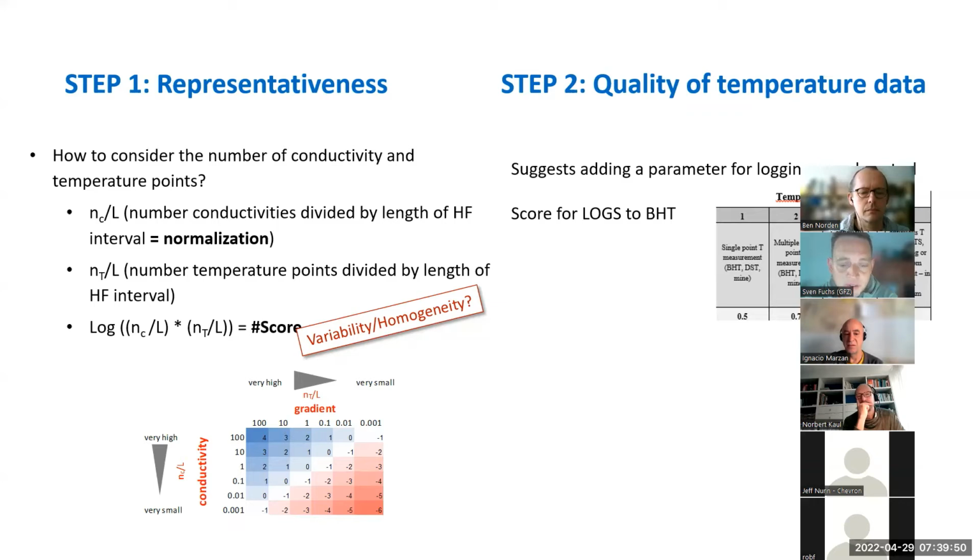Personally, I know many well cases where you just have one point value. In Northern Germany, we are talking about 100,000s of wells. So yes, it's common that you have just one temperature value, but it's also common that you have multiple or even temperature logs.